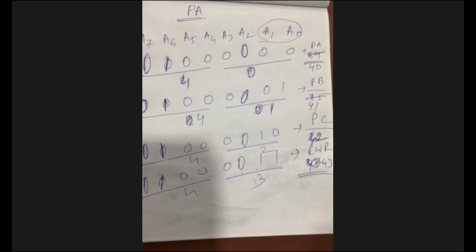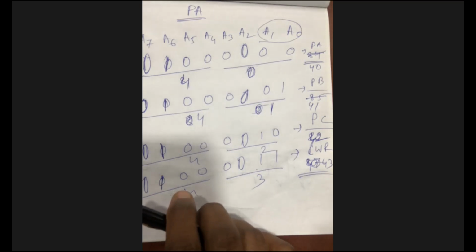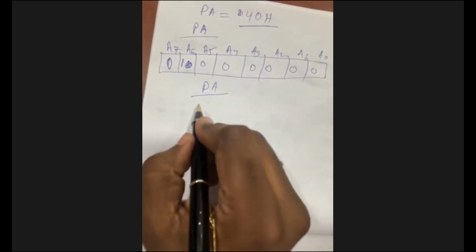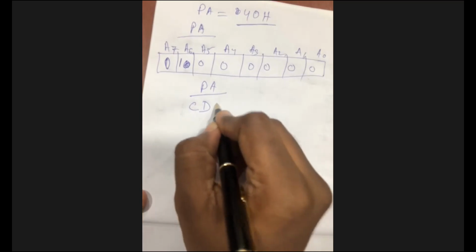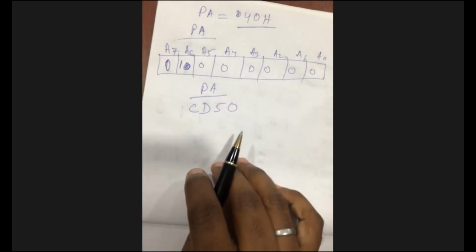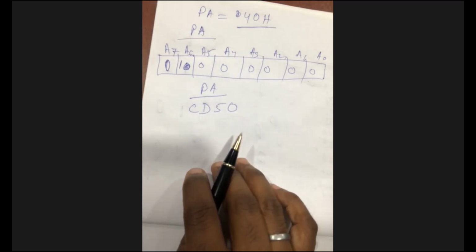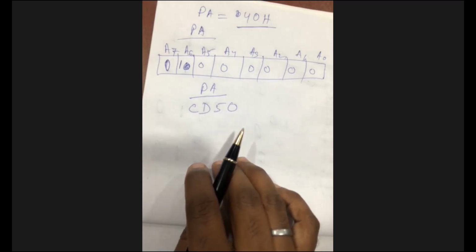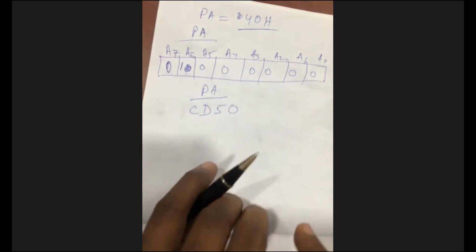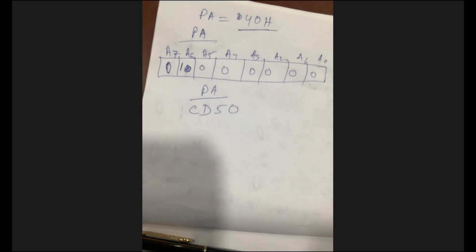If I'm talking about memory mapped IO, write down: if the address of port A is CD50, memory mapped IO, then draw the interface diagram with 8085 and 8255.